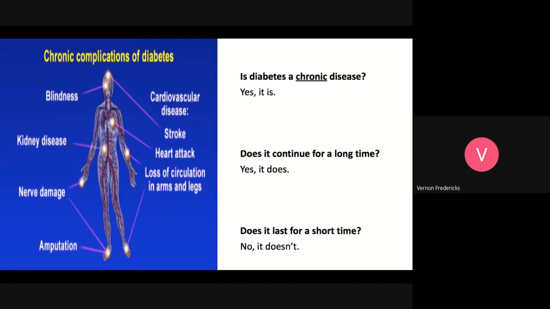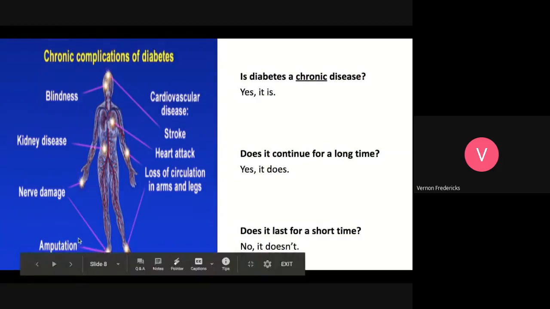Then you have nerve damage. Nerve damage means your nerves, you cannot feel properly anymore in your hands. Yeah, your nerves don't work anymore, so you cannot feel properly. Yeah, the last one here on your left hand side is amputation.